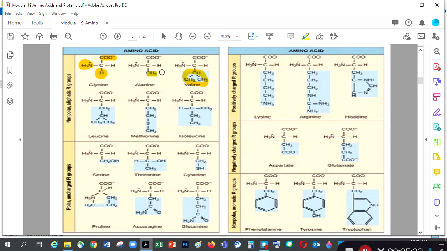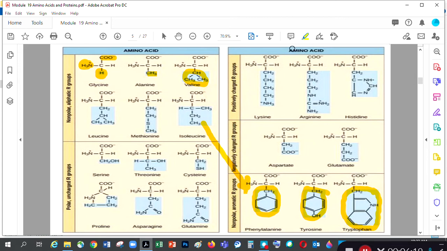All of those are non-polar aliphatic. The opposite of aliphatic is aromatic, so we have non-polar aromatic R groups. If you look at these, they are not aliphatic; they are aromatic. So aliphatic and aromatic are opposites.